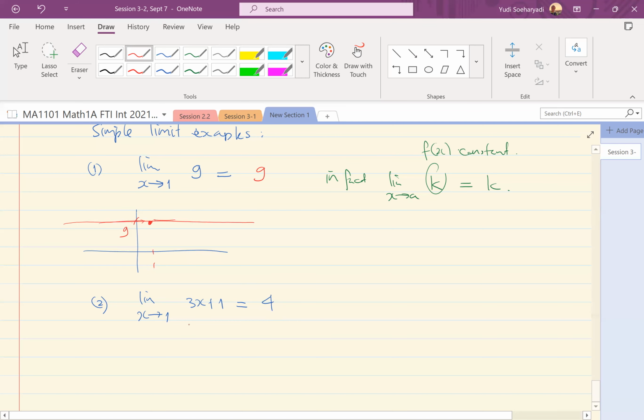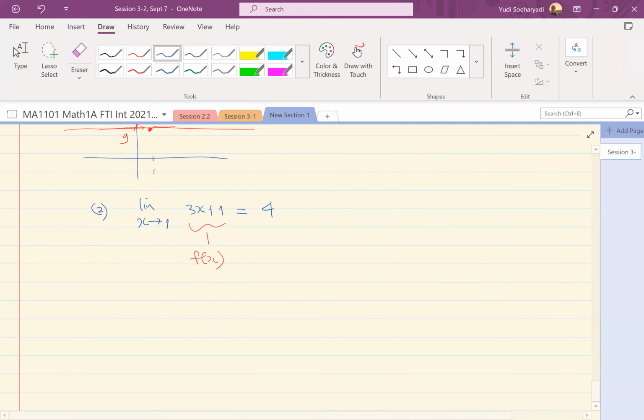So here's your f of x. Okay, if you deal with this pictorially, 3x plus 1. So 1 here, 3x is there. Here this is 1/3.